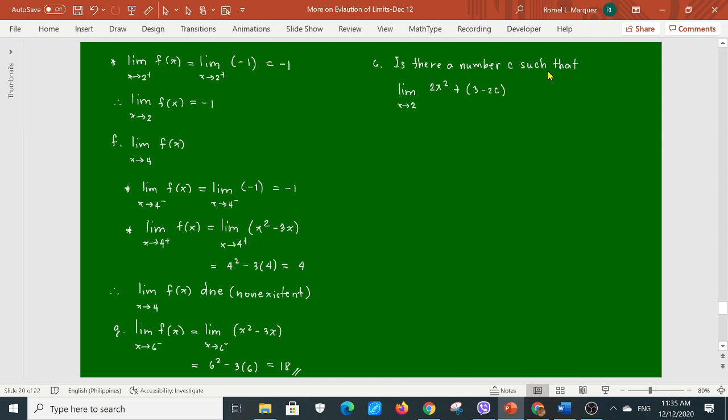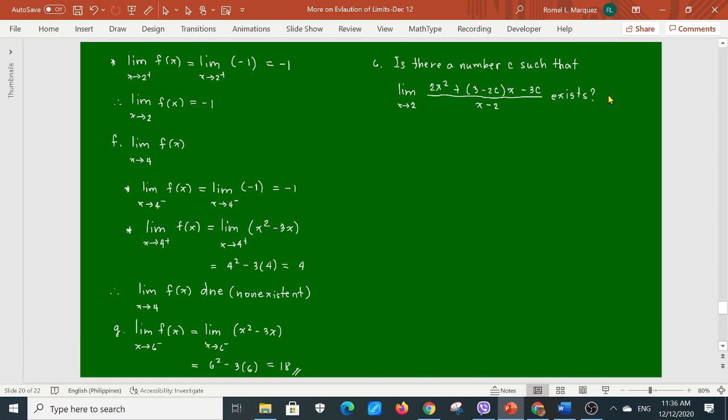Okay. So, is there a number c, 3 minus c times x? Is there a number c such that the limit of 2x squared plus 3 minus 2c multiplied to x, then minus 3c, all over x minus 2, exists? So again, is there a number c such that this limit exists?